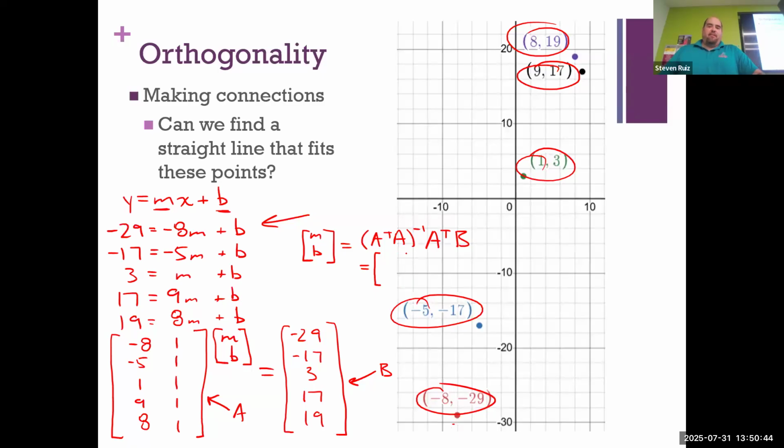Does anybody have values yet? That's fine. Ooh, yeah, let's go decimals. Cool. Negative 4.147.